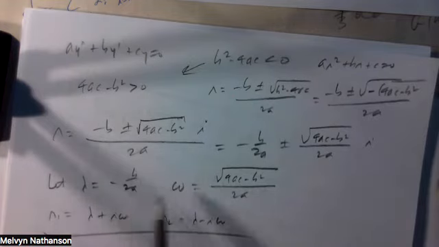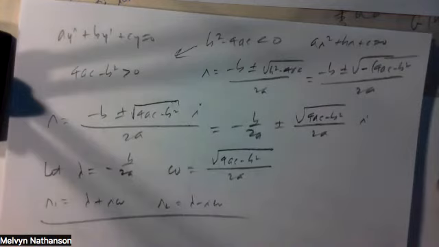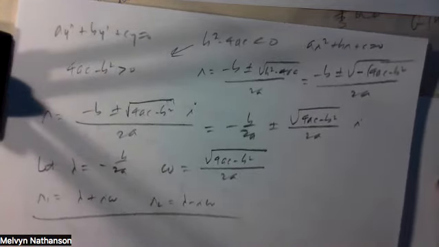For this choice of values of lambda and omega, which are written down in the book, and you can look them up whenever you need, these are solutions of the characteristic equation.